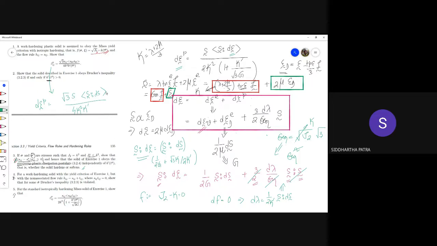So in that, substitute the expression for S inner product ds, and check whether you get the desired expression.